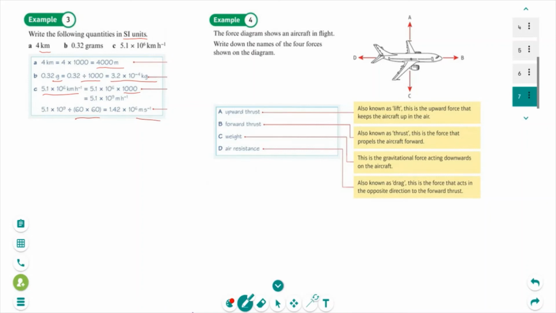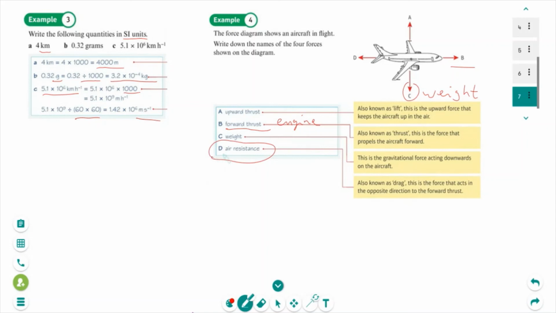Okay, example 4, names of forces. So we've got this plane. B is called forward thrust. So forward thrust is basically the force from the engine. So you get that from the engine of the plane. That's called the forward thrust. Obviously you've got the weight of the plane acting downwards. The plane is flying along. You have air resistance.